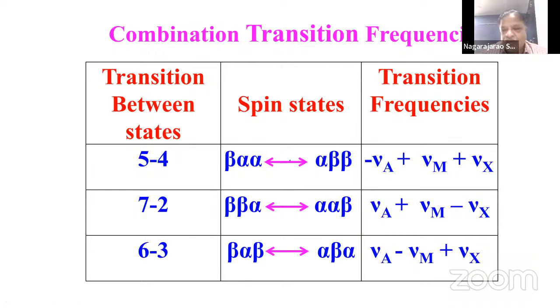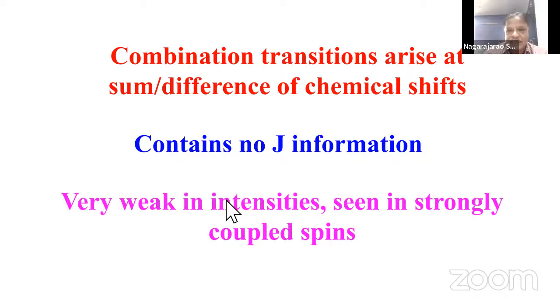So this is how 3 transitions extra will come, which you don't see in weakly coupled AMX. But you are going to see this in strongly coupled ABC, AB2, etc. Okay, and this contains no J information, very weak in intensities, and you see only in the strongly coupled case. That is why AMX will have only 12 transitions. ABC, all 15 you are going to see. These weak transitions are also seen.